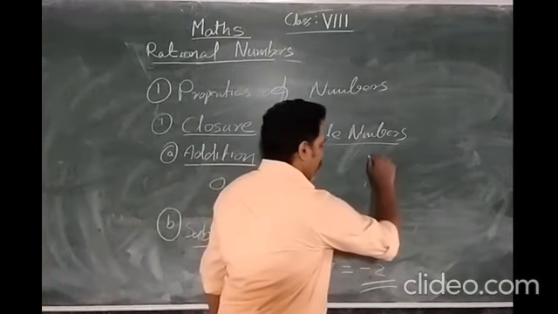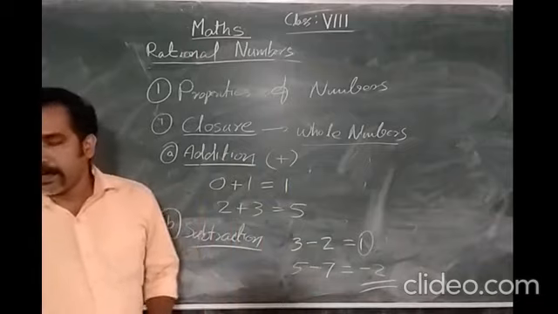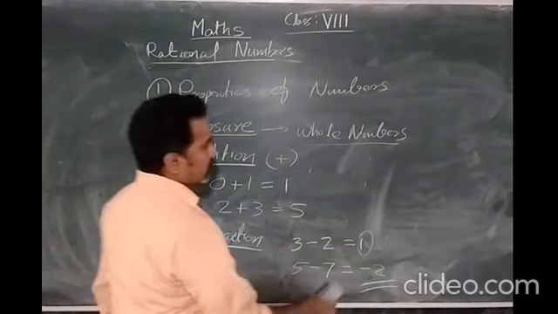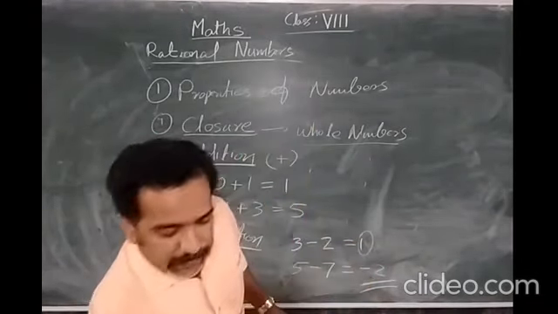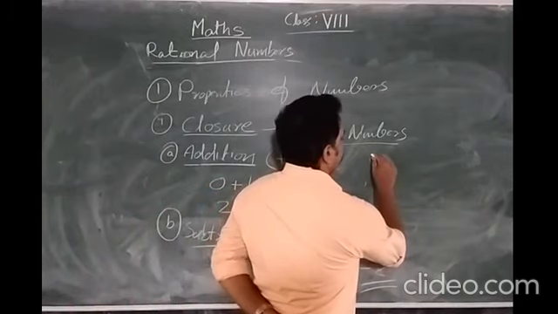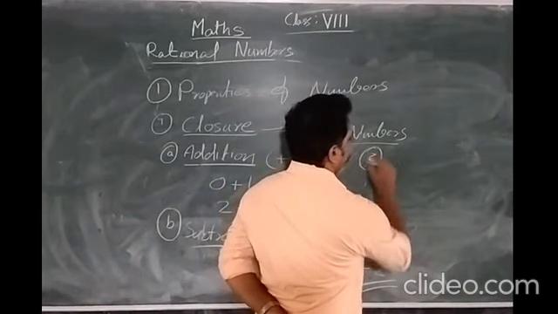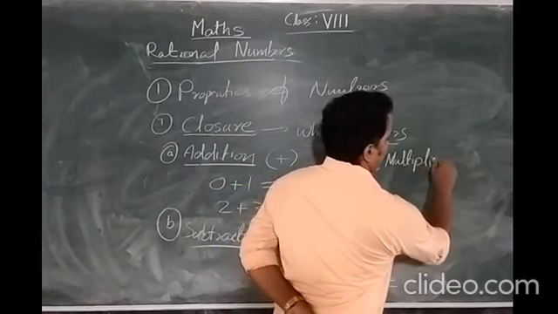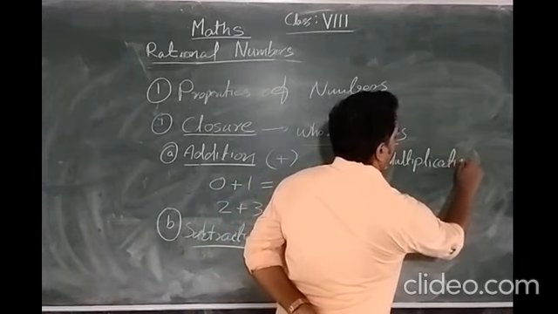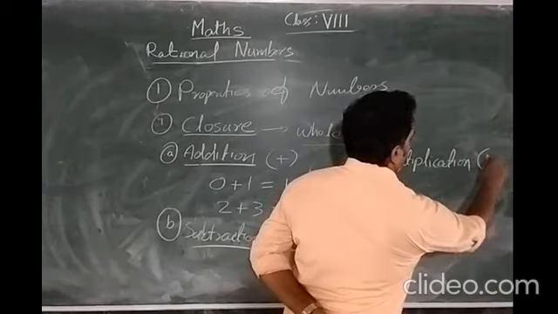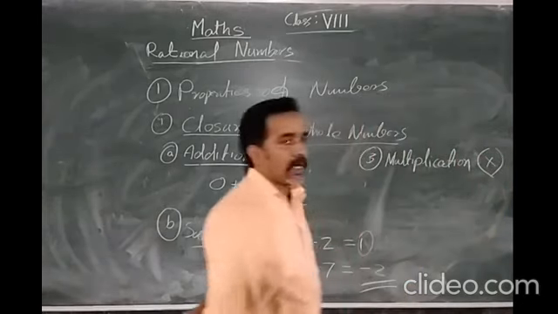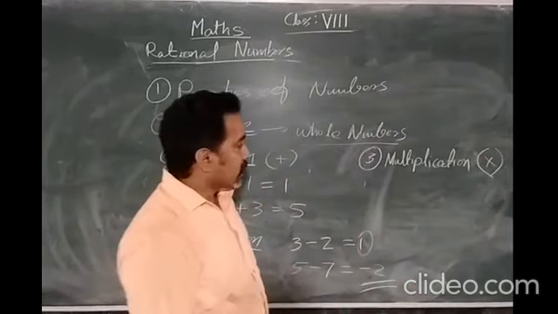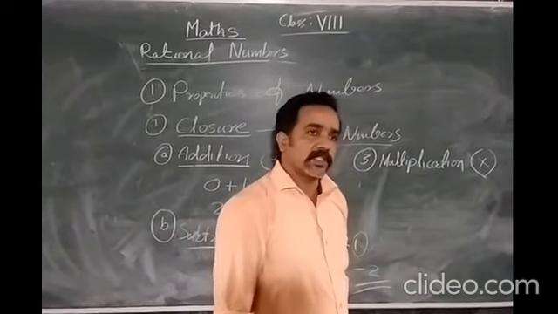Now see the next step. What is the next operation? Multiplication, the third one. Is multiplication closed or not in the set of whole numbers?